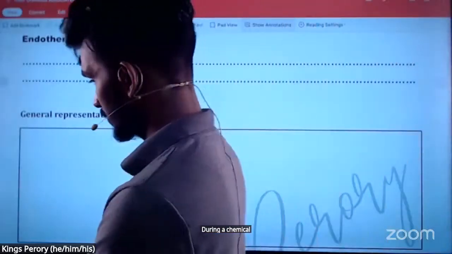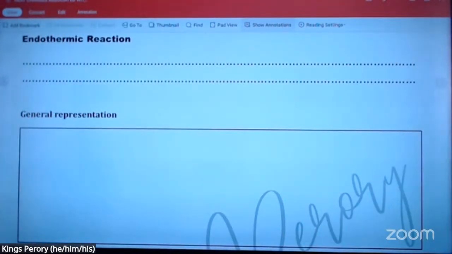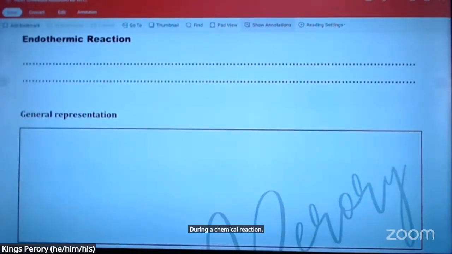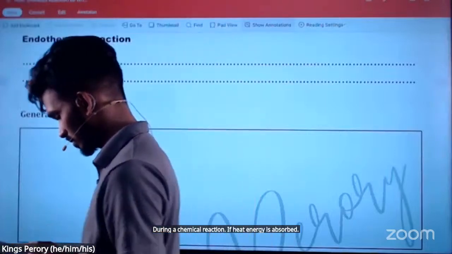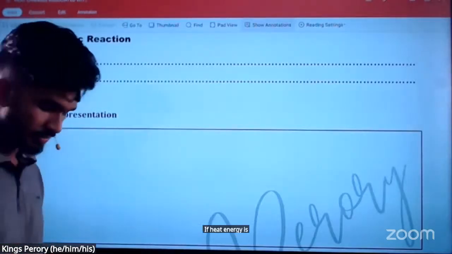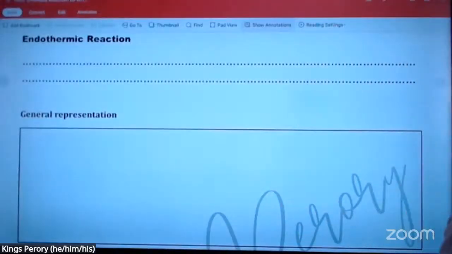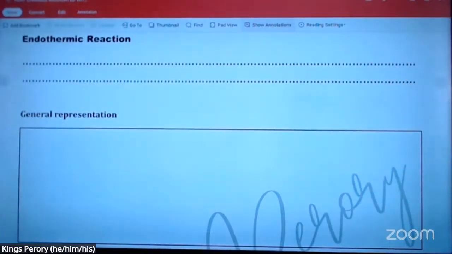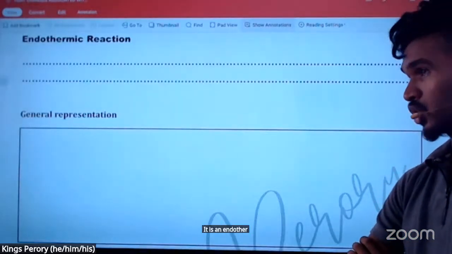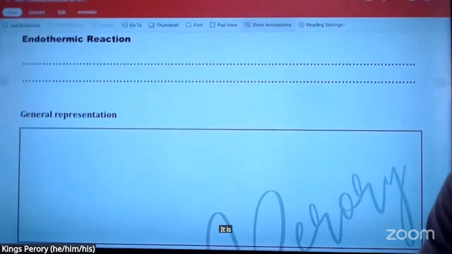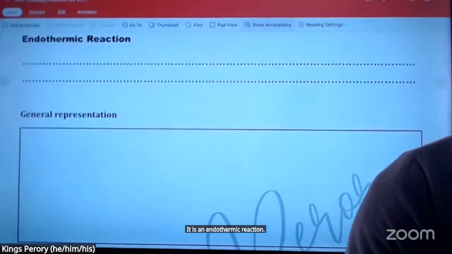During a chemical reaction, if heat energy is absorbed, it is an endothermic reaction.